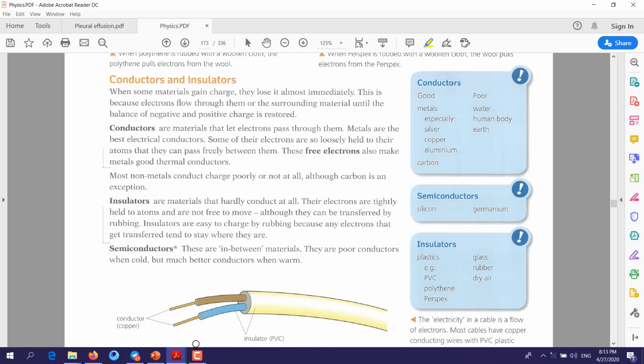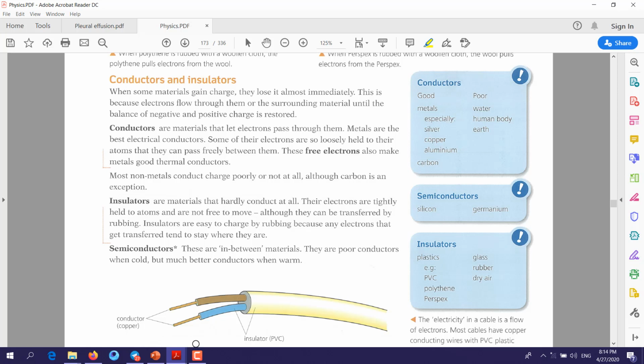Conductors and insulators. All materials are grouped into two main groups depending on their ability to conduct electricity. When you rub two materials together, the electrons transfer from one atom to another.